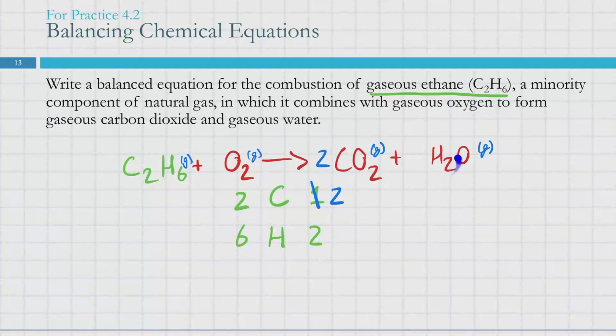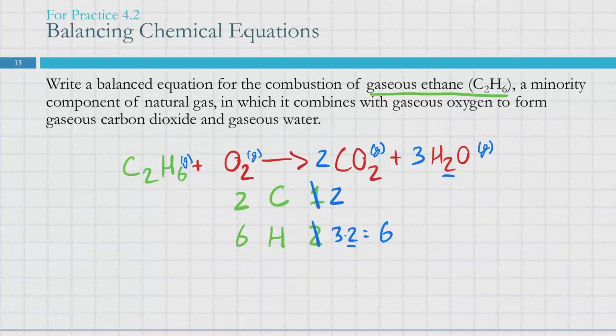So we've got a subscript of 2. If our coefficient is 3, then 3 times 2 will give us 6. So now our hydrogens are balanced. We've got our 6 on the right, we've got our 6 on the left.